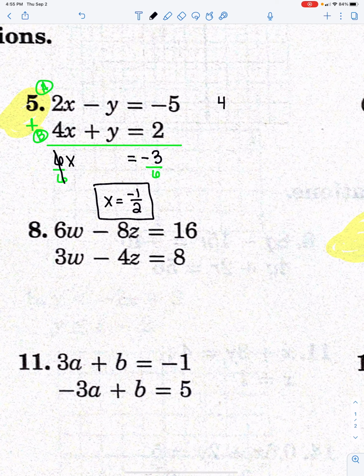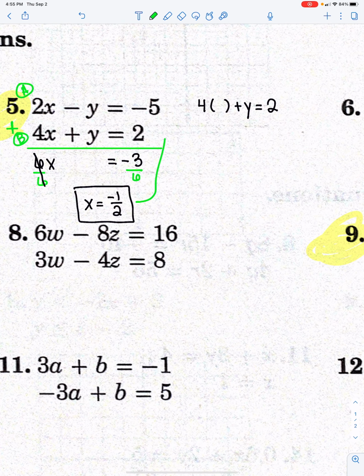So now I've got 4 times x plus y is equal to 2. Now I'm going to take this x equals negative 1/2 and substitute it in right there. So 4 times negative 1/2 is negative 2, plus y equals 2.